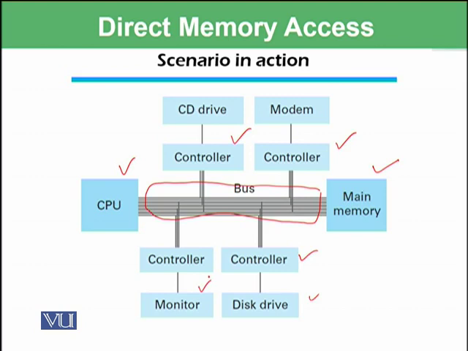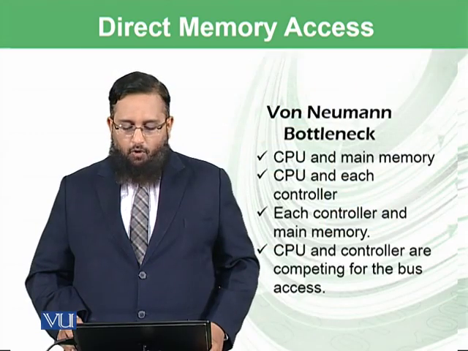For example, the CPU asks a controller to perform certain tasks of input and output using this bus. The controller can use this bus for a time slot when the bus is not being used by the CPU. However, if the same bus is being used by the CPU and the controller, then we will have a problem. And such a problem is known as the von Neumann bottleneck.